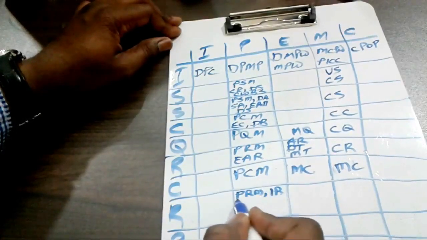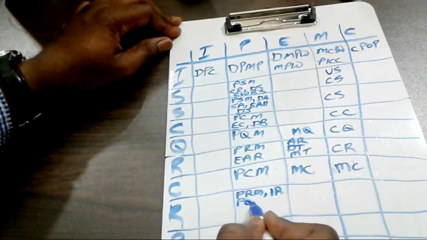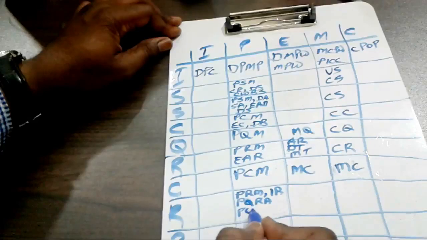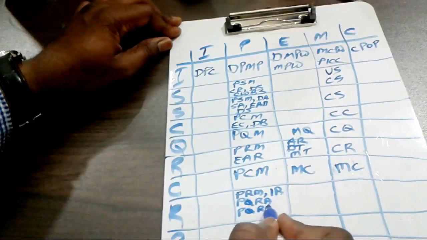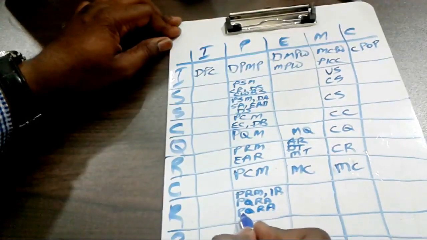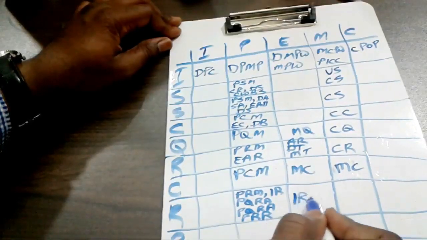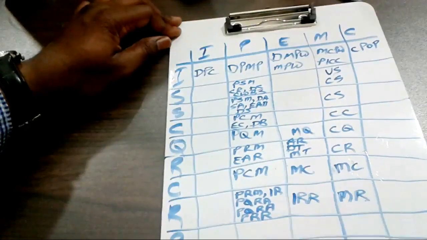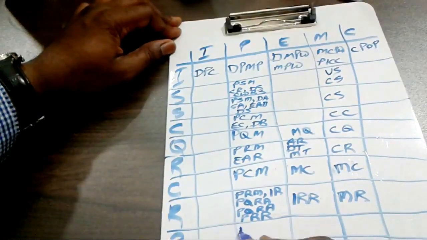Identify risks. Perform qualitative risk analysis. Perform quantitative risk analysis. Plan risk responses. Implement risk responses. And monitor risks.